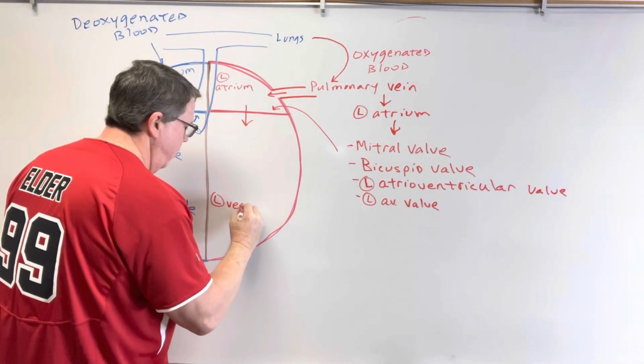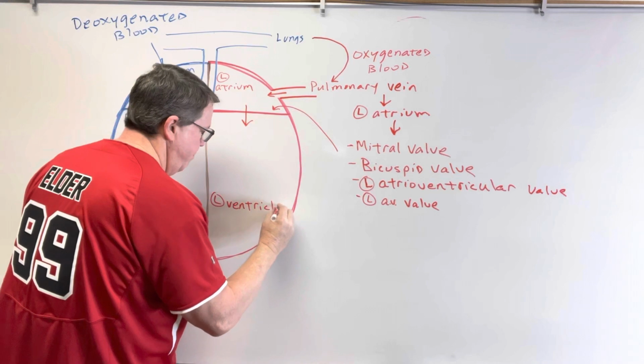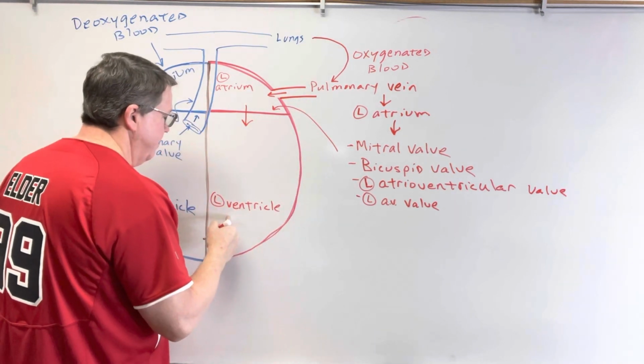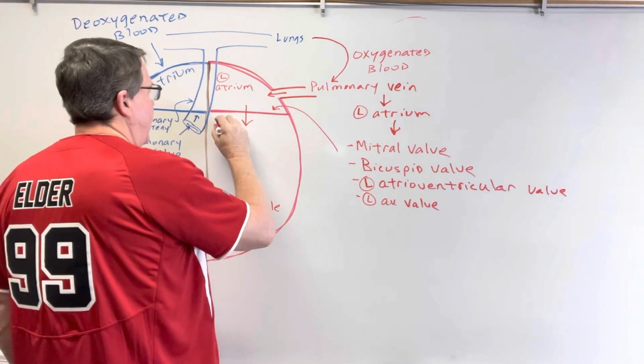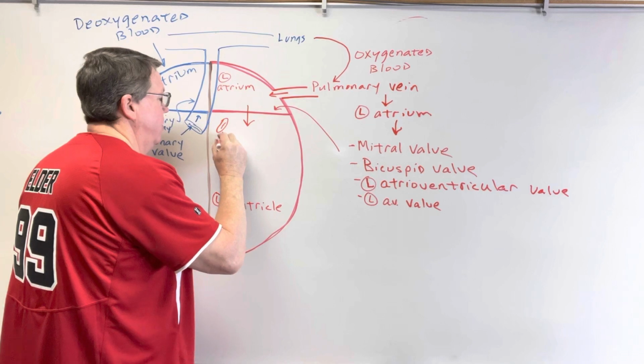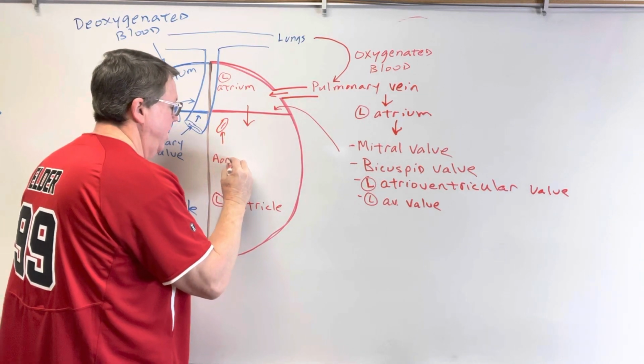My left ventricle actually is going to have more muscle than my right, but we'll go into that in another video. Now we're going to have our aortic valve. So here's our aortic valve.